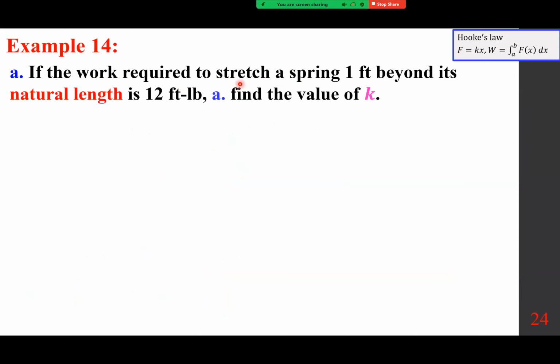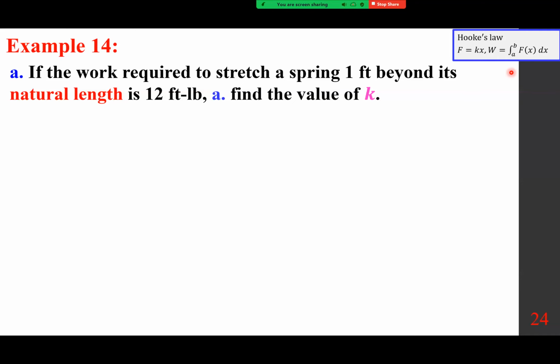If the work required to stretch a spring 1 foot beyond its natural length is 12 foot-pounds, A, find the value of K. So let's write the given. And by the way, that's Hooke's law that we needed. The amount beyond the natural length is 1, so X is 1 foot.